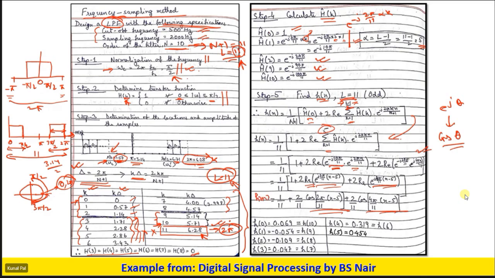Now from here, you just change the values of n from 0 to 5. You calculate the values, and h4 will be equal to h6, h3 equal to h7, h2 equal to h8, h1 equal to h9, and h0 equal to h10. So in this way, you got the hn values, then you perform the Z transform to get the transfer function H(z), and then you can go for the realization.